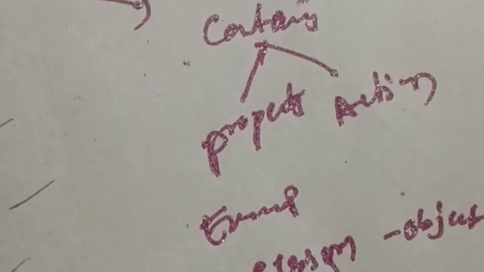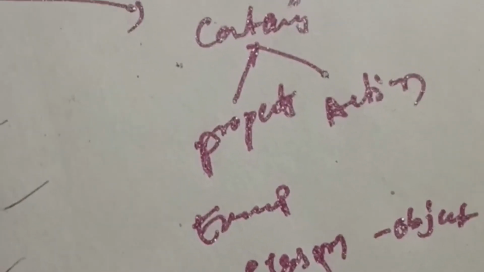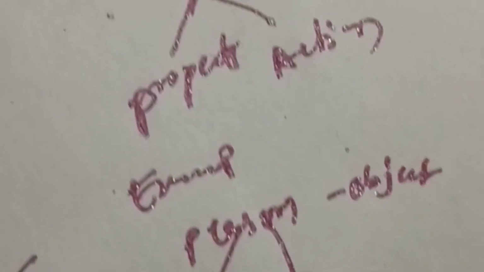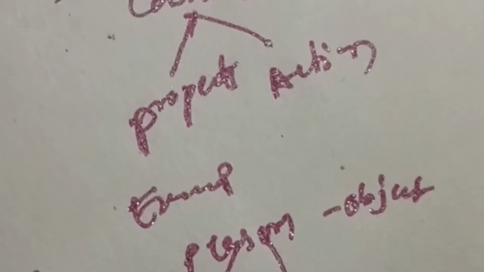The person contains actions: eating, running and talking. These actions are known as methods. So objects contain properties and actions.